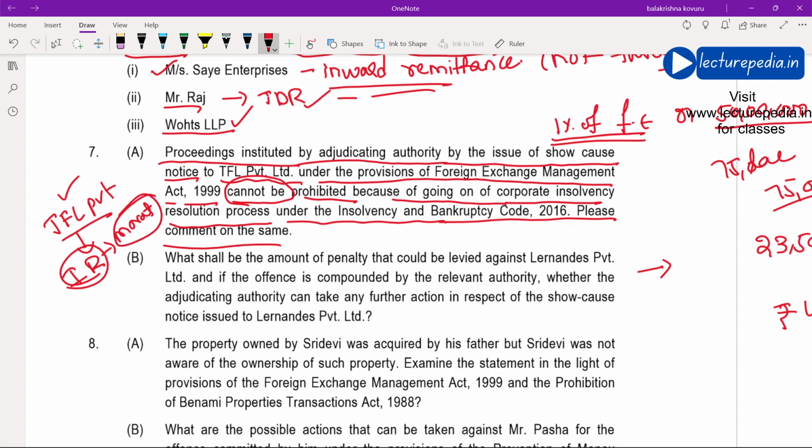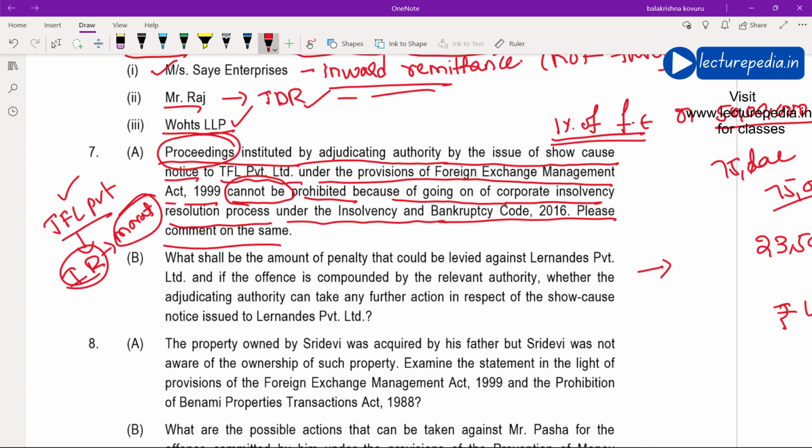Now during this moratorium, no pending cases will continue. That is, the pending cases will be suspended for a certain period, and no new proceedings can be initiated. Thereby, the adjudicating authority under FEMA cannot initiate the proceedings against TFL, since there are insolvency proceedings going on against TFL, and there is a moratorium period that is applicable on TFL.